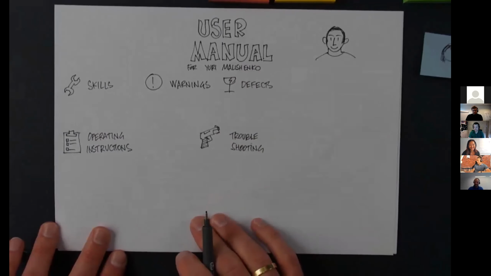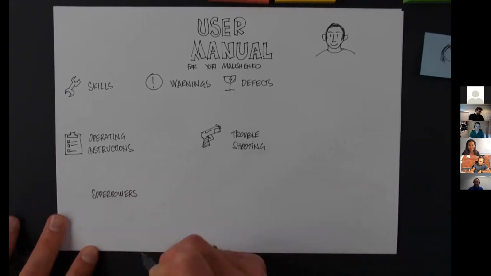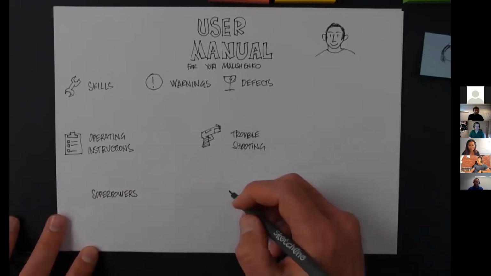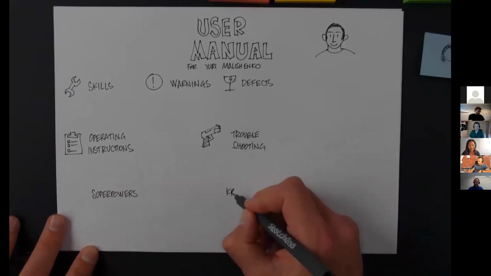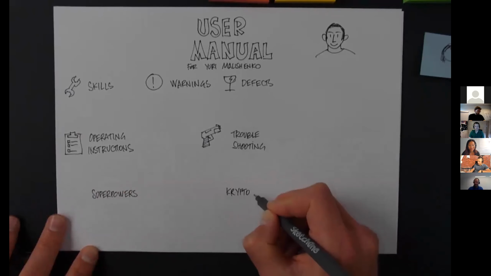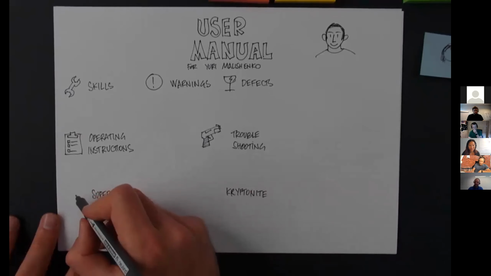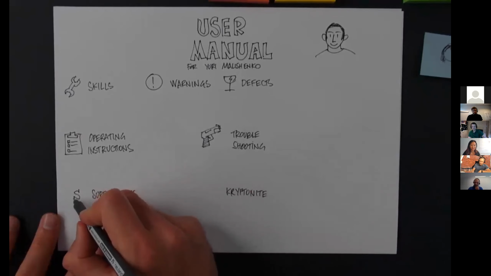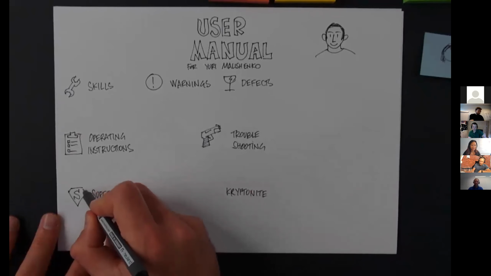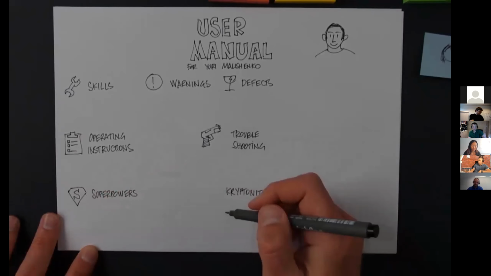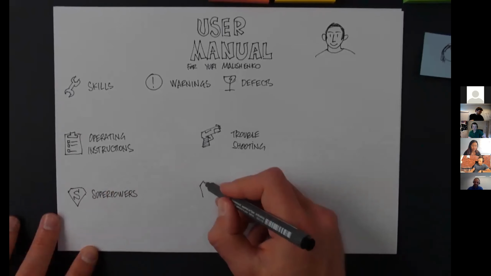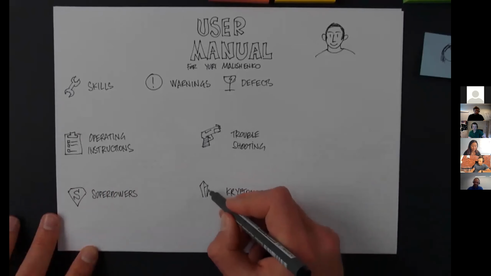And then superpowers. So here we can write down superpowers. And respectively here, the kryptonite section. And for superpowers, maybe as simple as letter S inside of that diamond shape, and a kryptonite, maybe something like those crystals.